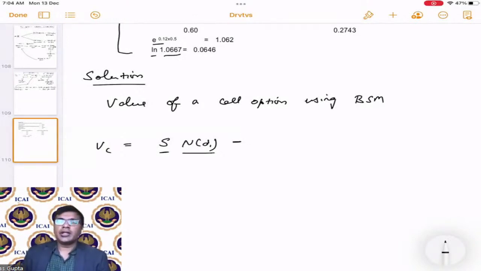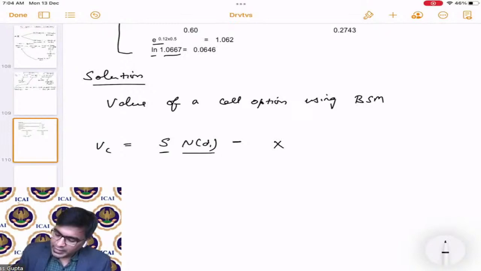From that, we are going to reduce the cash inflow. The cash inflow is going to happen of the strike price, because we have written the call option. That means we have to sell the share. That means we will get the strike price equivalent amount.